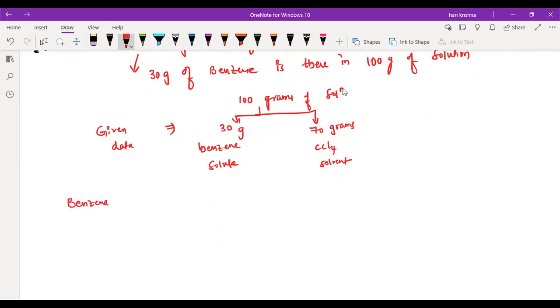What is the formula of benzene? Unmute yourself and you can tell the answer. What is the formula of benzene?